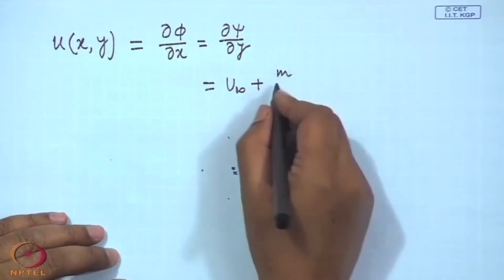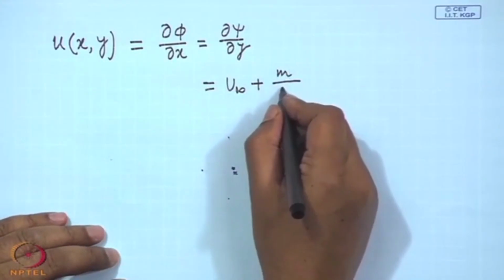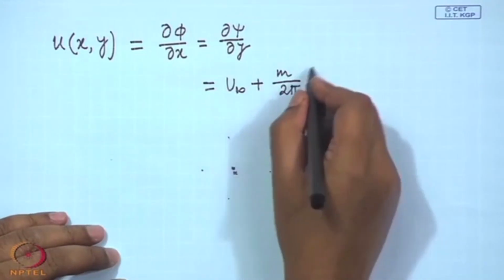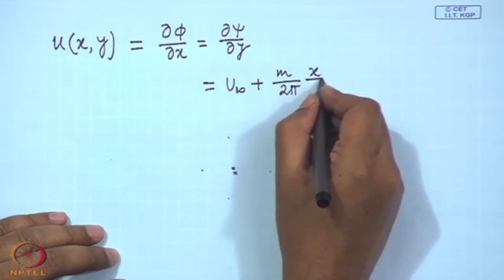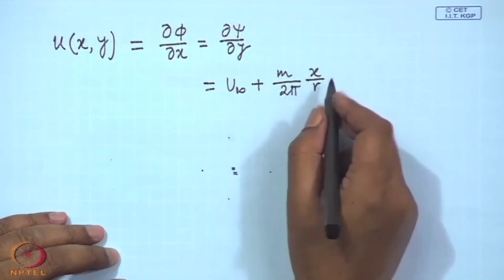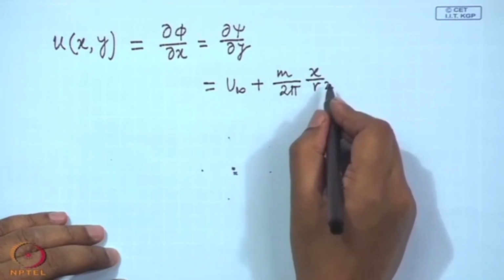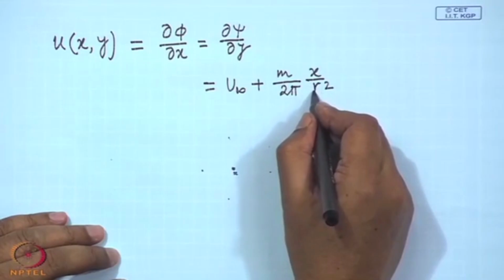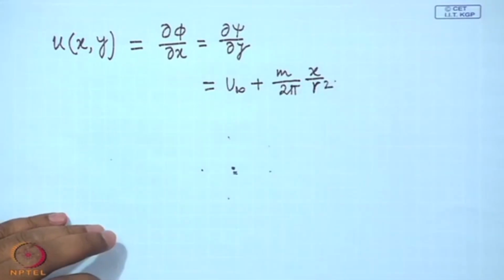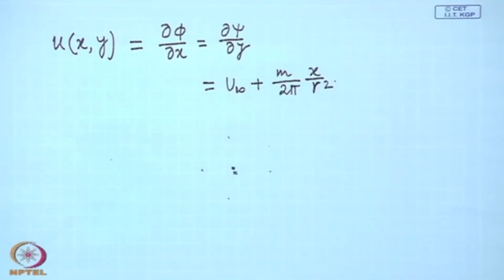So, it becomes u infinity plus m by 2 pi, x by r square.